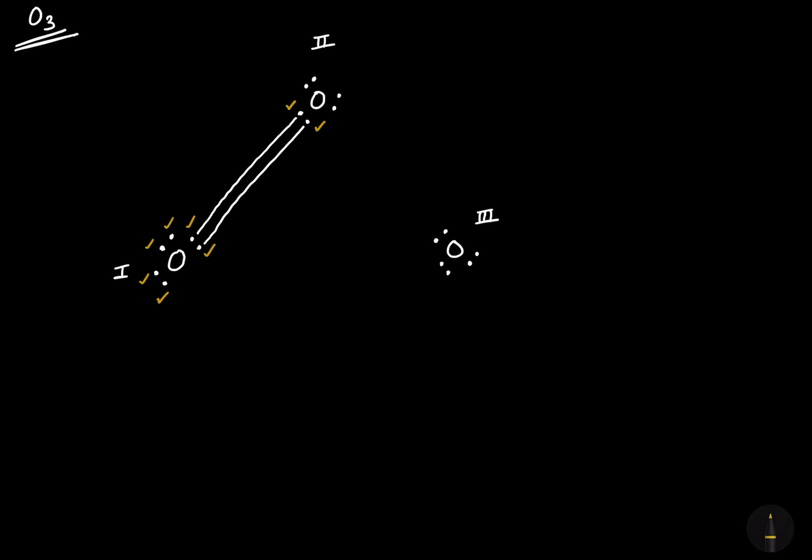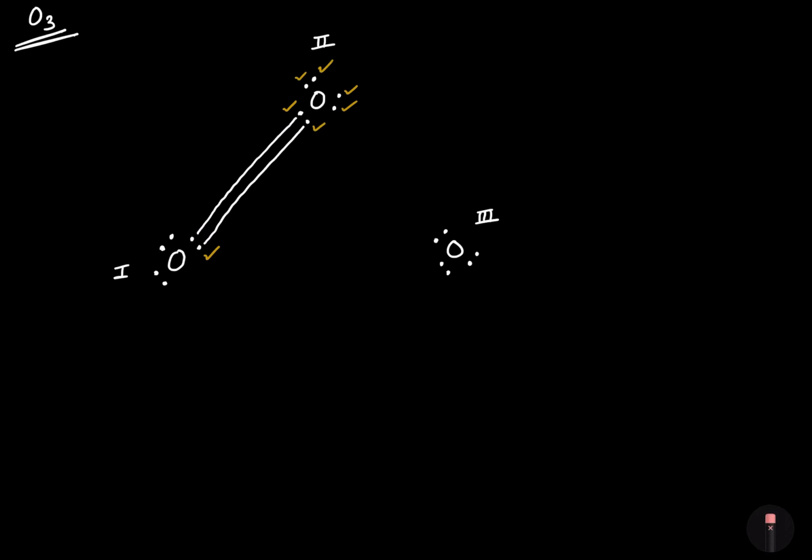So the first oxygen got 8 electrons in its outermost shell after the formation of 2 covalent bonds. That means the octet of the first oxygen is completed. Now let's talk about the second oxygen: 1, 2, 3, 4, 5, 6, 7 and 8. So the octet of the second oxygen is also completed.